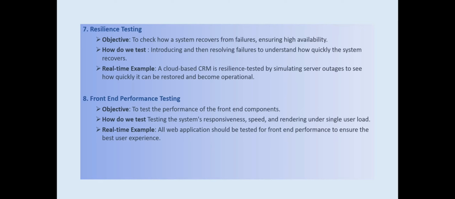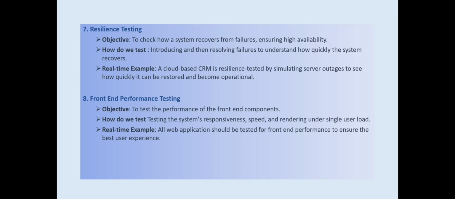So how do we test? There are different front-end performance testing tools using which we can measure what we call core web vitals. There are some key performance indicators that are specific to front-end performance testing. By measuring those key performance indicators, we will be able to tell whether the front-end performance looks good or bad for an application.